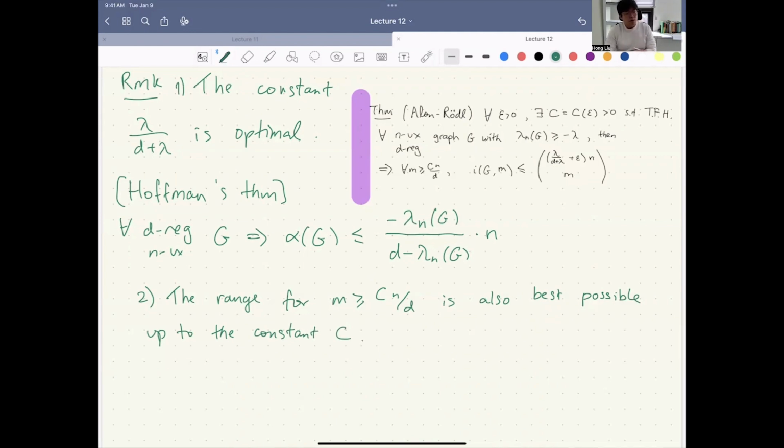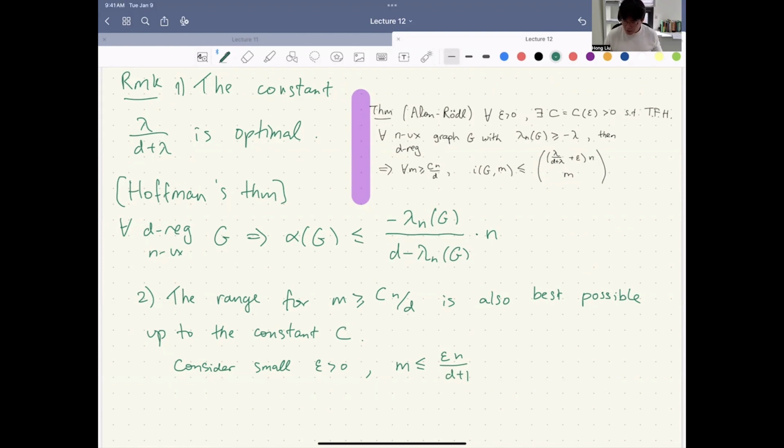This is because if we take a small epsilon bigger than 0, and now let's consider independent sets of size m that's at most, let's say, epsilon n over d plus 1.